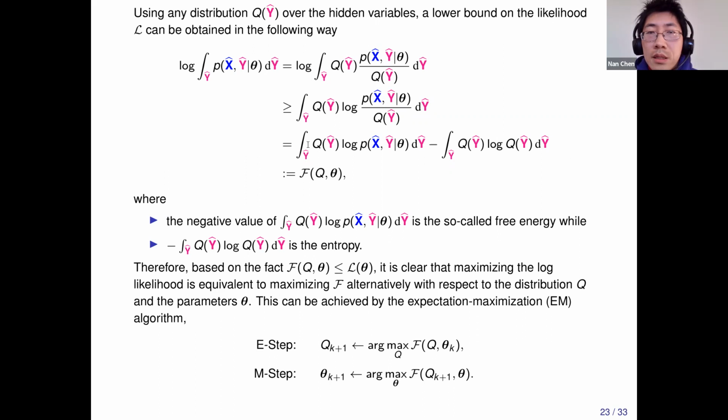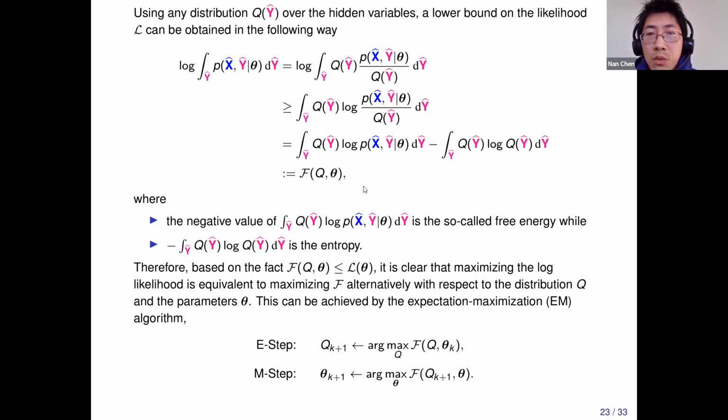The first part is a negative value. The negative value of this will be the free energy, and this will be called the entropy, but it doesn't matter about this definition. What's important here is, instead of optimizing over the original log likelihood, we can try to do an iterative method for this F.